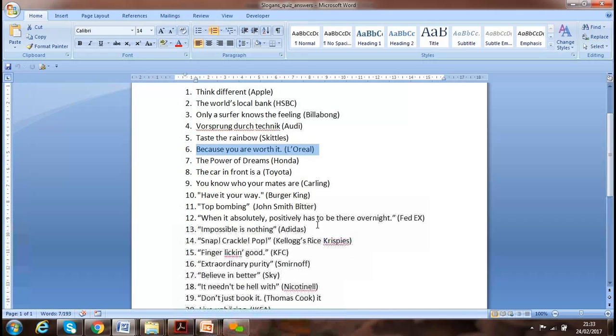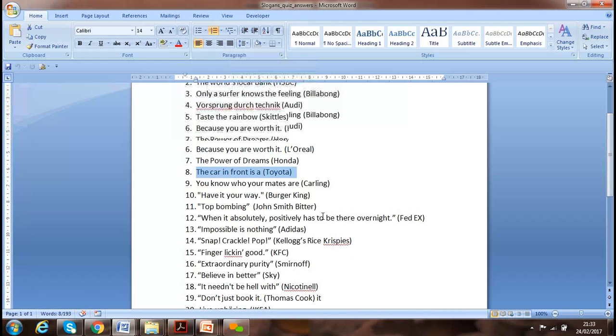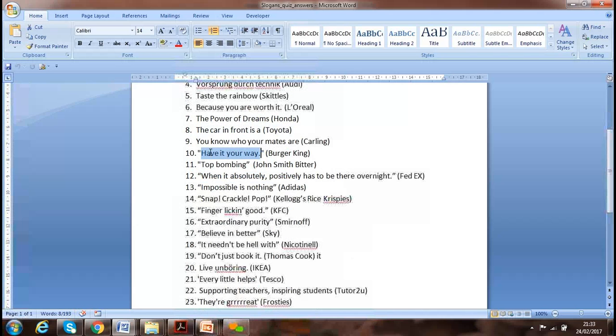The car in front is a Toyota. Have It Your Way, Burger King. FedEx promises overnight delivery, in 24 hours we deliver.